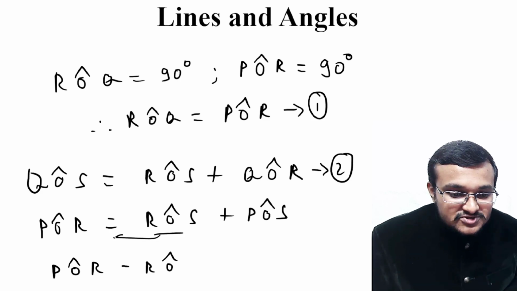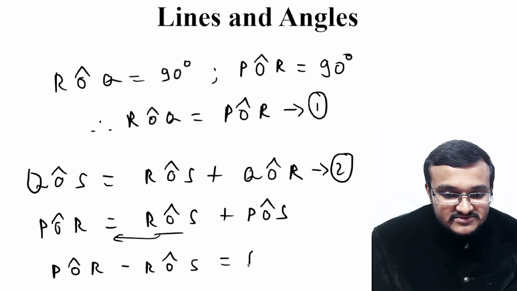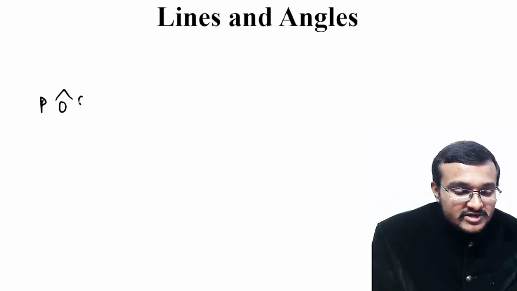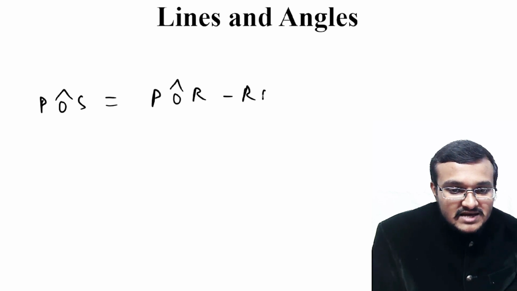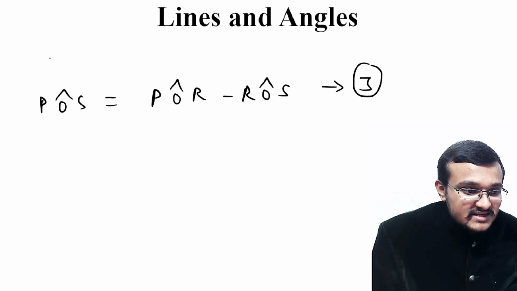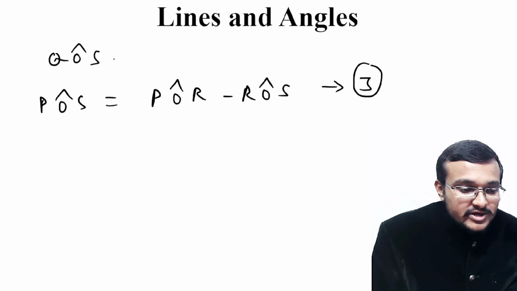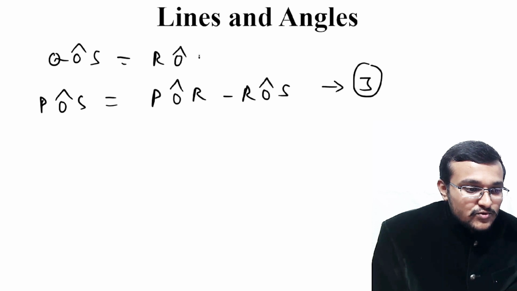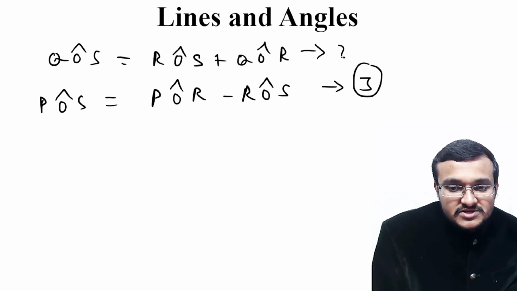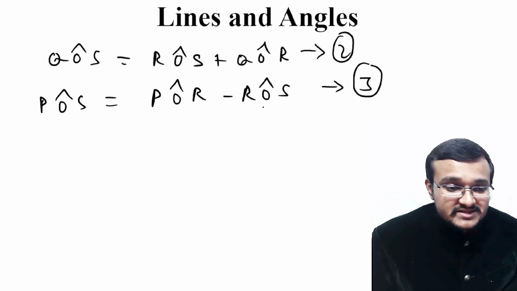If you bring ROS to the LHS, it becomes minus ROS, which is equal to POS. So we are getting POS as POR minus ROS, which is equation 3. Now we have equation 2, QOS equals ROS plus QOR, and we got equation 3 also.